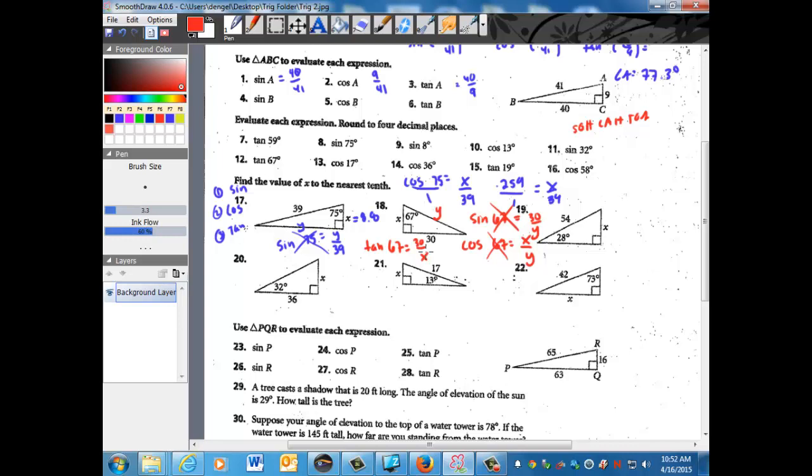So we enter in tangent 67, which is 2.35. So 2.35 equals 30 over x. And cross multiply, so 30 divided by 2.35, and we get 12.8. So x equals 12.8.